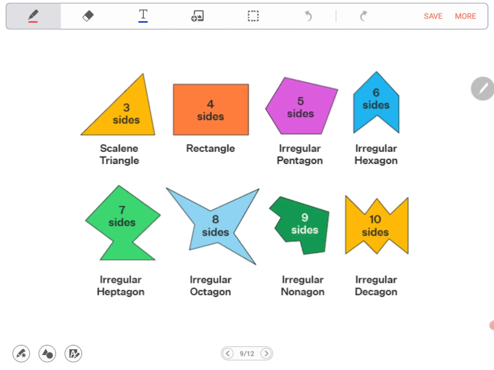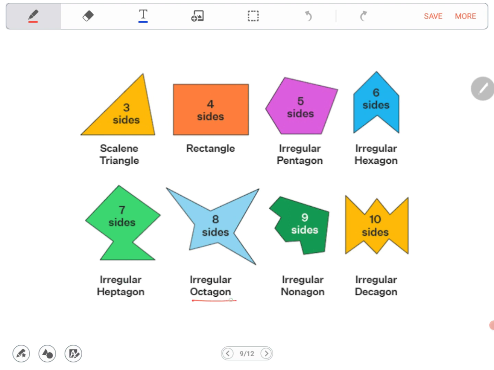Now we are saying with these irregular shapes, we have a scalene triangle. It has 3 sides. A rectangle has 4 sides. An irregular pentagon will have 5 sides. Irregular hexagon, it has 6 sides. Irregular heptagon, it has 7 sides.